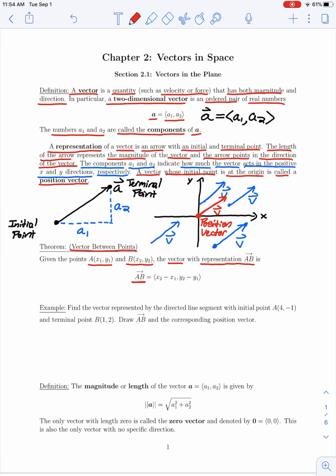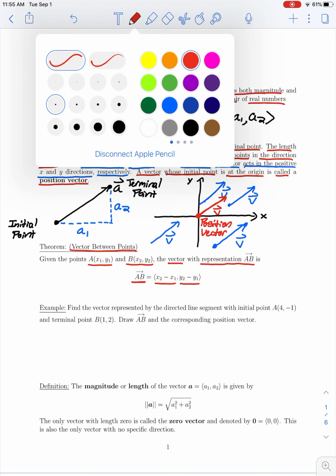That is used to denote the vector whose initial point is A and whose terminal point is B. And the components of this vector are given by x2 minus x1 and y2 minus y1. So that is the difference between the coordinates of the terminal point, x2, y2, and the coordinates of the initial point, x1, y1.